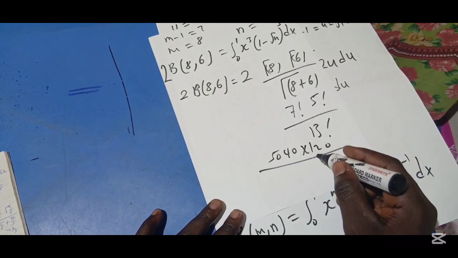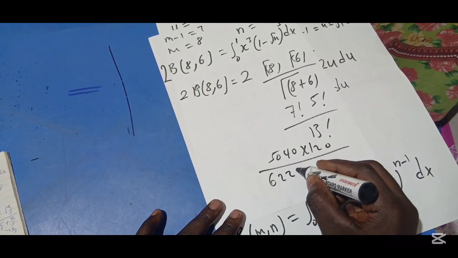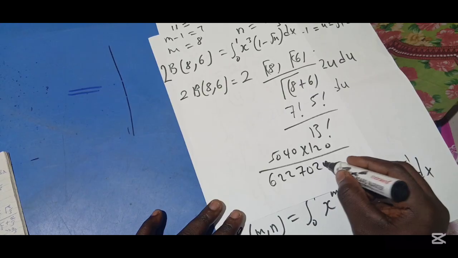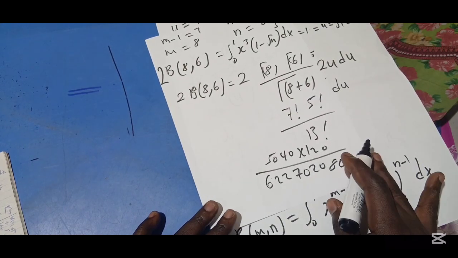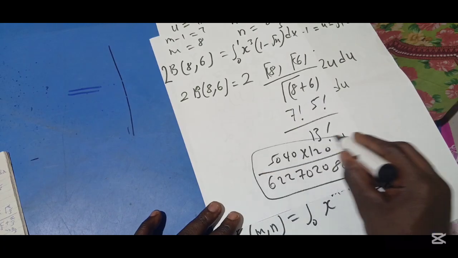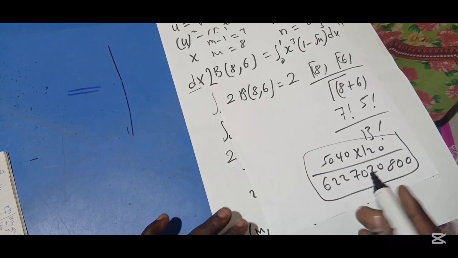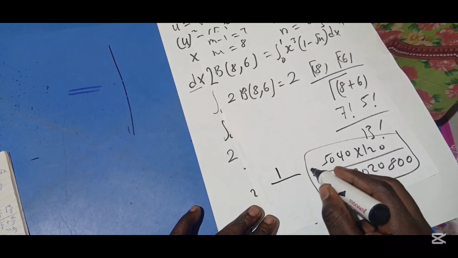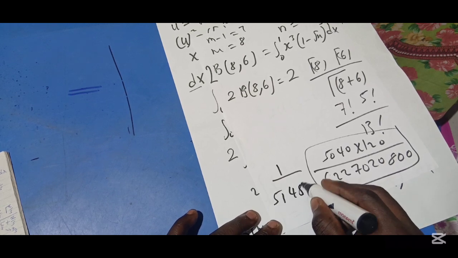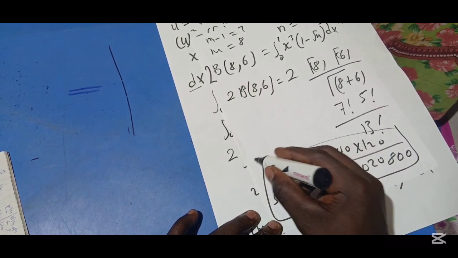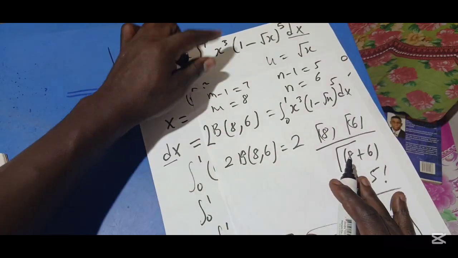And 13 factorial is going to give us 6,227,020,800. So simplifying this on your calculator will give our final answer to be 15148. So this is the final solution for this problem.